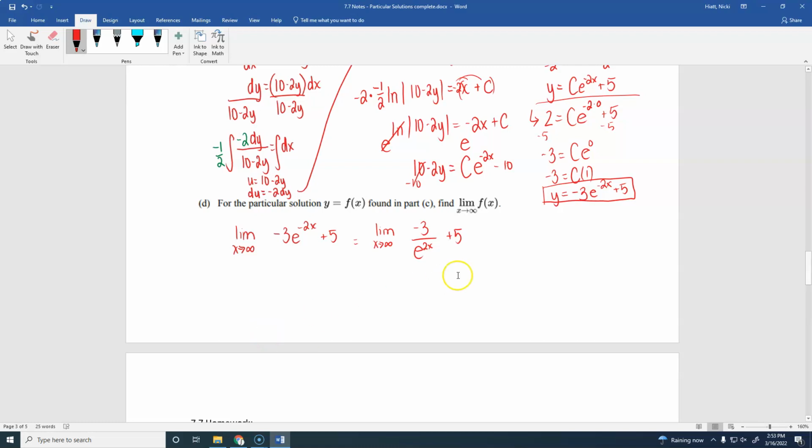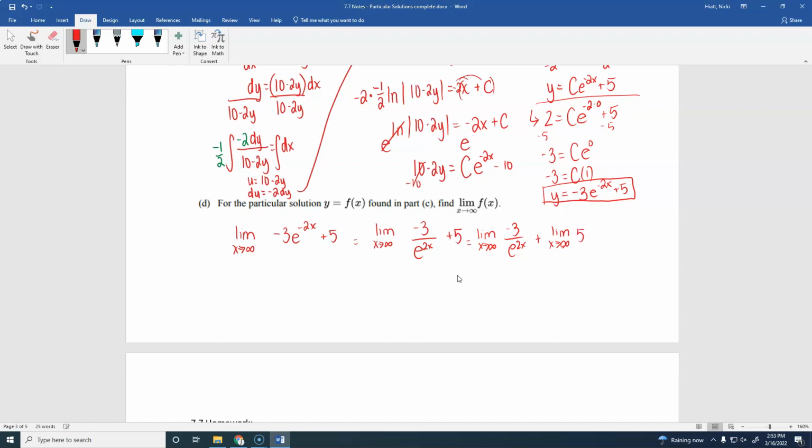We can do these two pieces separately. I'm going to write this, but you don't have to write it: limit as x approaches infinity of negative 3 over e to the 2x plus limit as x approaches infinity of 5.